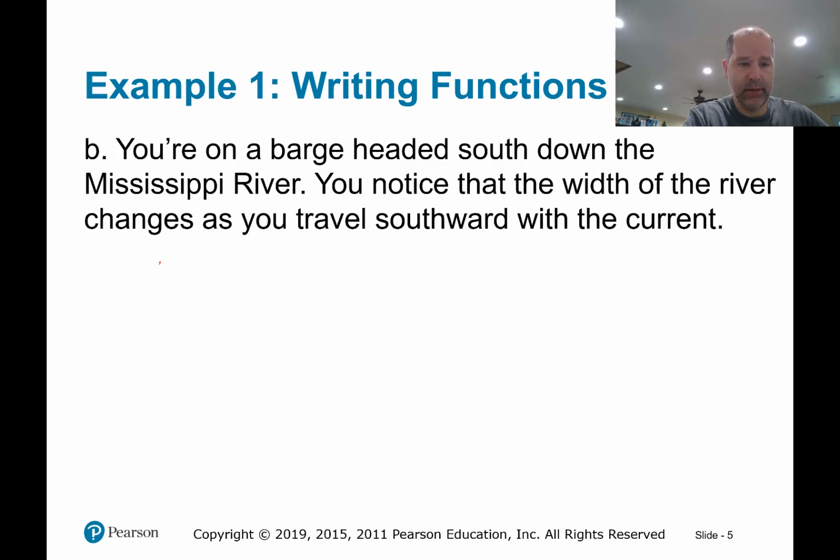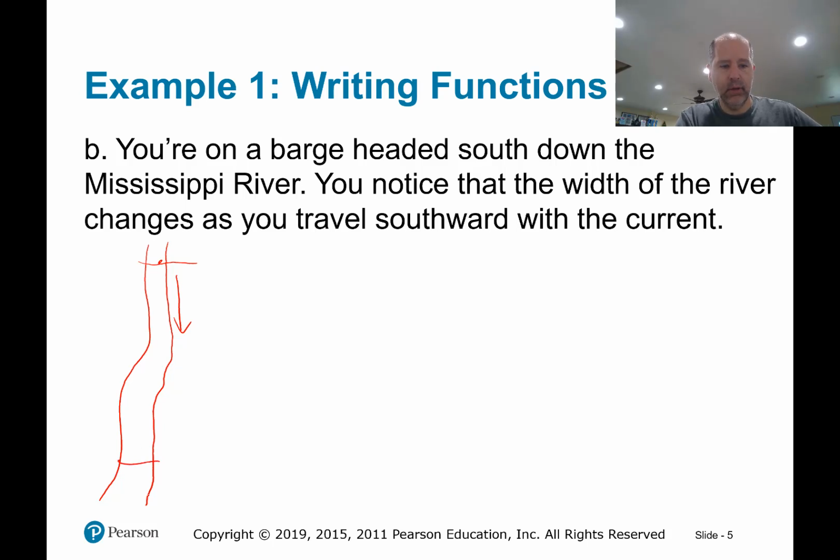So you start at some point, and the further south you go, the wider the river seems to get. We'll say at some starting point, you have to have some starting point, so the distance from that starting point we'll say is D.